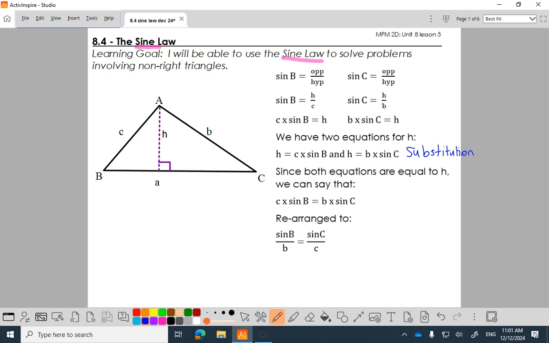So if C times sine B is equal to H, and B times sine C is equal to H, then that means that these two equations have to be equal to each other. So if we want to rearrange them and not have to use the height because it's not cutting it right in half, so we don't really know what this side is or this side, it's actually not helping us.